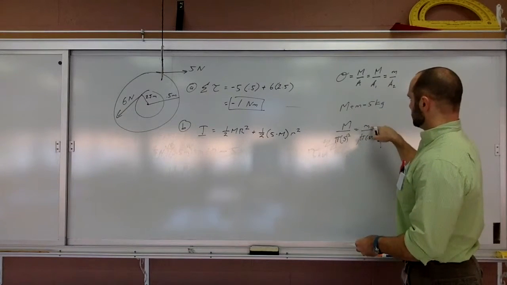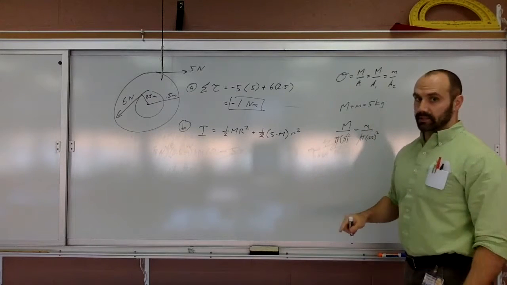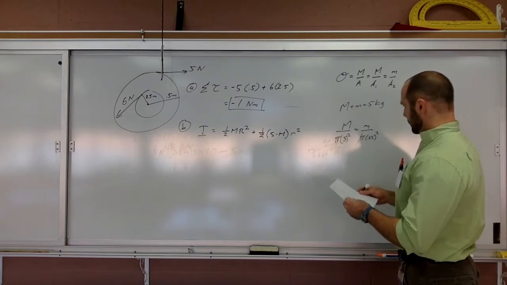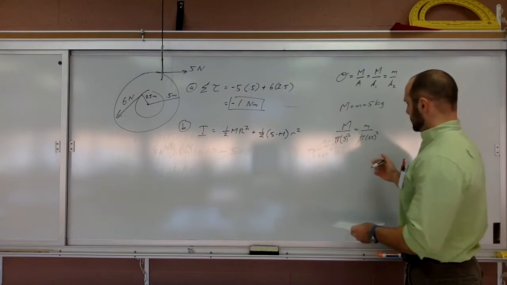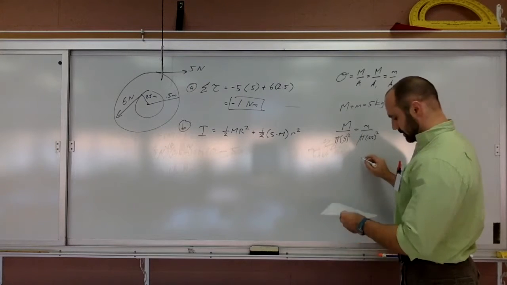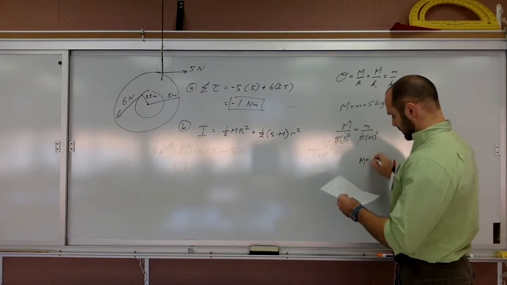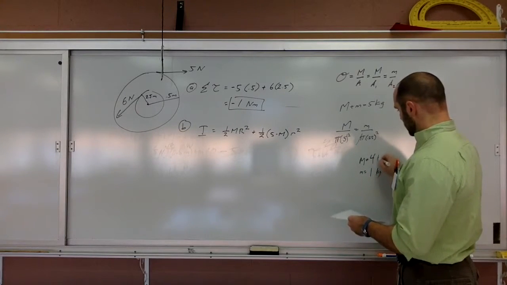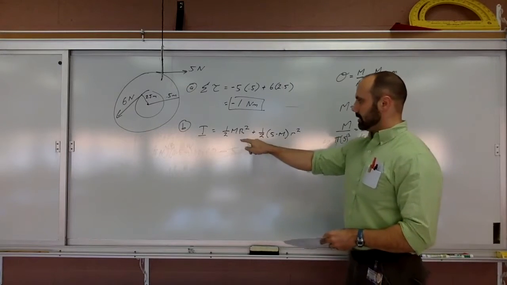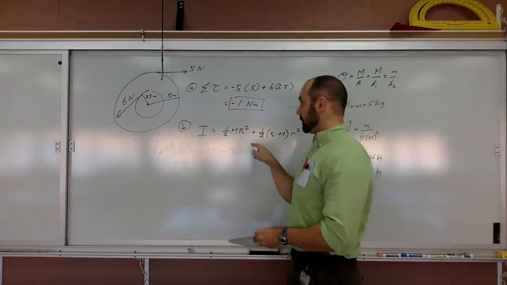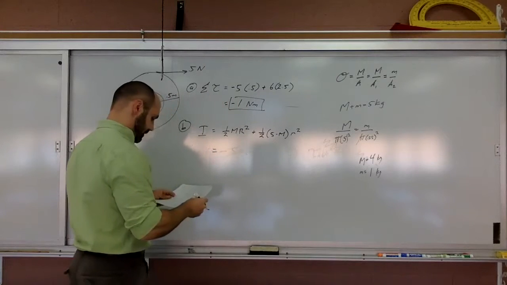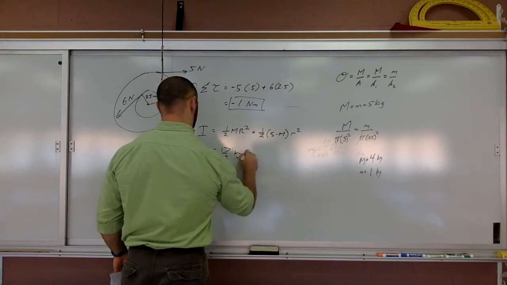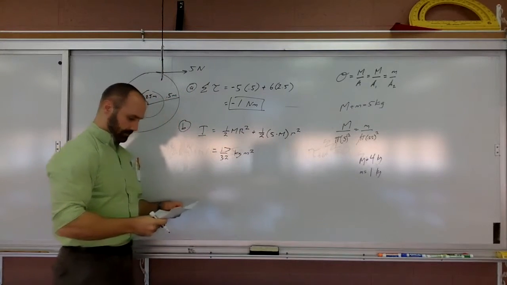I can replace this with 5 minus big M. And so one way or another, and then you simplify these things, and what you're going to get is that big M is 4, and little m is 1 kilogram. So you take these, put them back in here. Now this is 4, this is 1. We know the radii. And the whole thing ends up being 17 over 32 kilogram meters squared.